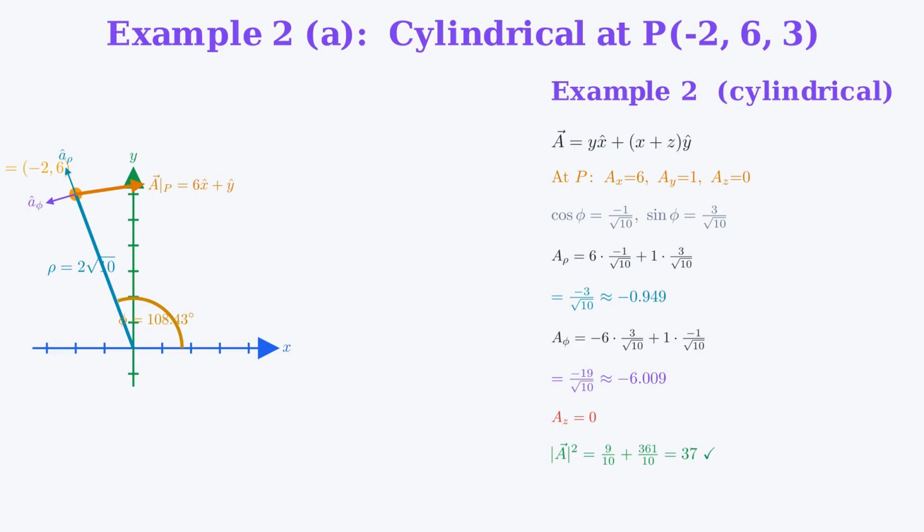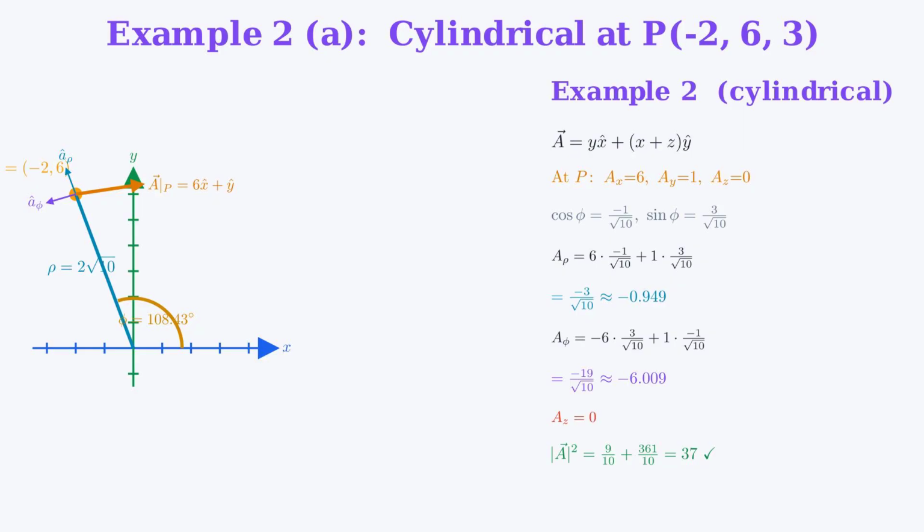Now convert to cylindrical. At P, from the previous video, we already know rho is 2 root 10 and phi is 108.43 degrees. So cosine phi equals minus 1 over root 10 and sine phi equals 3 over root 10. A rho equals Ax cosine phi plus Ay sine phi equals 6 times minus 1 over root 10 plus 1 times 3 over root 10 equals minus 3 over root 10, about minus 0.95.